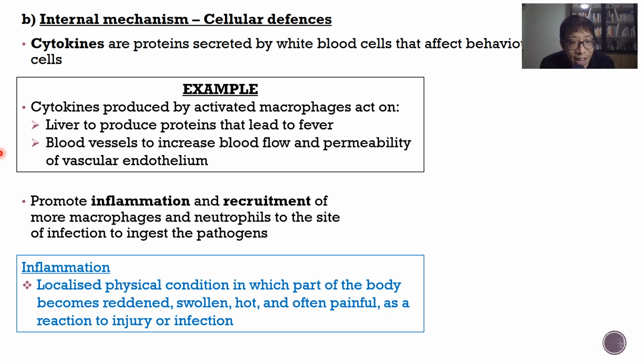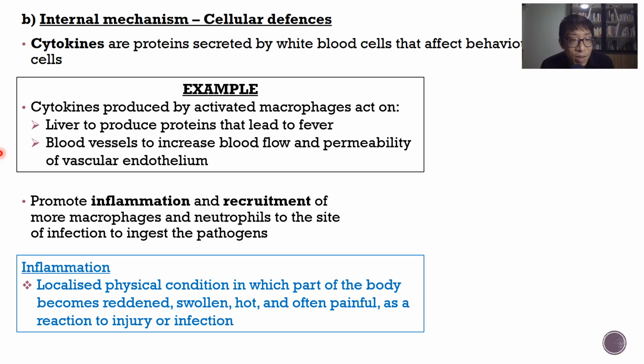And this reddening and swelling is really due to the increased blood flow and also the increased leakage of blood at the site of infection. And that is due to the increased blood flow and increased permeability of the capillaries, which is a response to the release of cytokines. Okay, there is this increased blood flow and increased permeability of the capillaries to increase the recruitment of more immune cells to the site of infection, right?